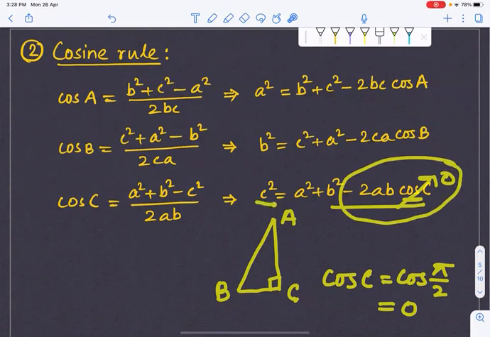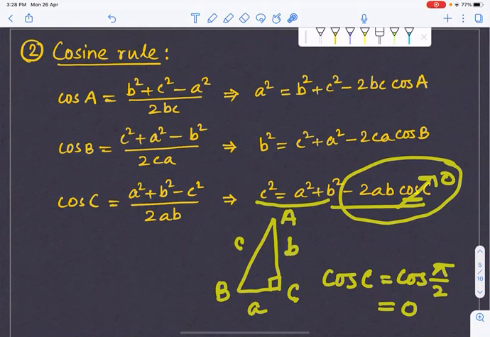You get c square equal to a square plus b square, which is our Pythagoras theorem. Hypotenuse square equal to sum of the squares of the other two sides for a right angle triangle. So Pythagoras theorem is a special case of this cosine rule.